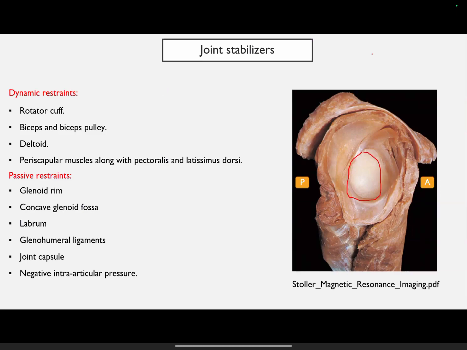Passive stabilizers are the glenoid rim, concave glenoid fossa, labrum, glenohumeral ligament, joint capsule, and negative intra-articular pressure, which is generated because of the glenoid labrum and humeral head and provides passive stability to the glenohumeral joint.